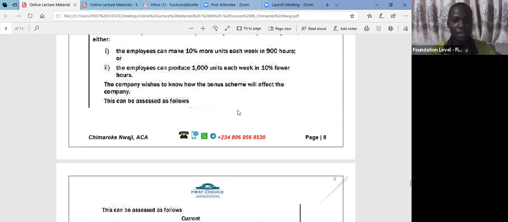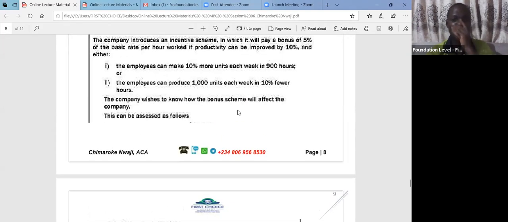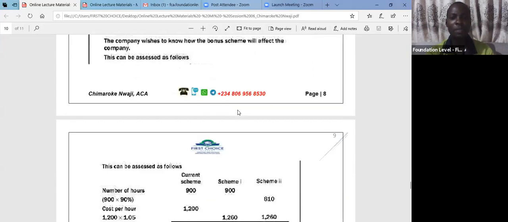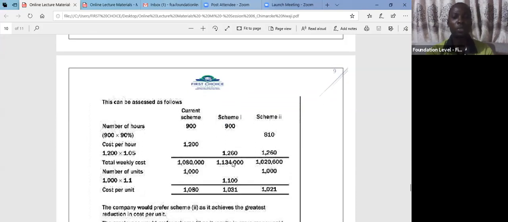The first scheme is to produce 10% more in 900 hours. What it means is that you are still going to spend your 900 hours, but you are going to produce 10% more, and they are going to give you a 5% bonus. What is the 5% bonus?